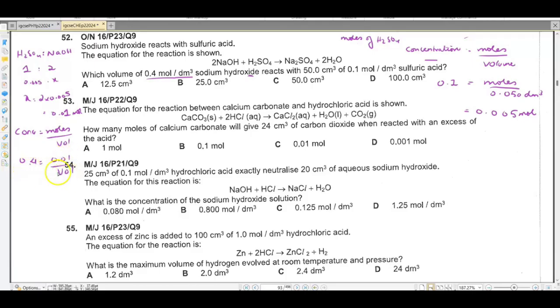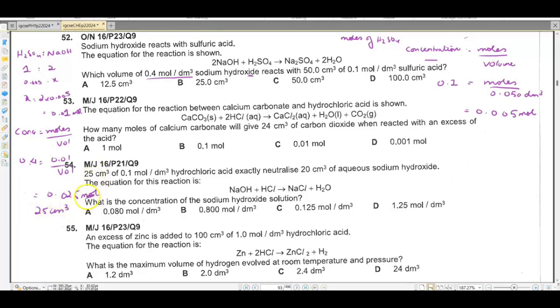So we'll take the volume over there. So 0.01 divided by 0.4 is going to give us an answer of 0.025. But since the answer is in centimeter cube, we need to multiply it with 1000. So after multiplication, this is going to give us 25 centimeter cubes.